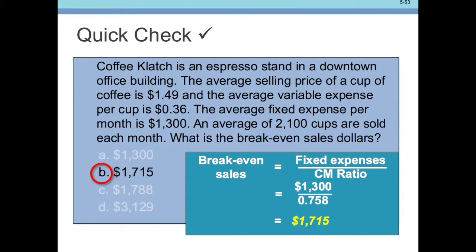We have $1,300 fixed expenses, and we've already calculated the contribution margin ratio as 0.75. In other words, 3/4 of every dollar goes towards contribution margin, which means you don't have to have too many more dollars other than the $1,300 to cover everything. So you've got $1,300 divided by 0.75, and you would end up with $1,715 worth of coffee you have to sell. So clearly they're doing pretty well at 2,100 cups times $1.49.